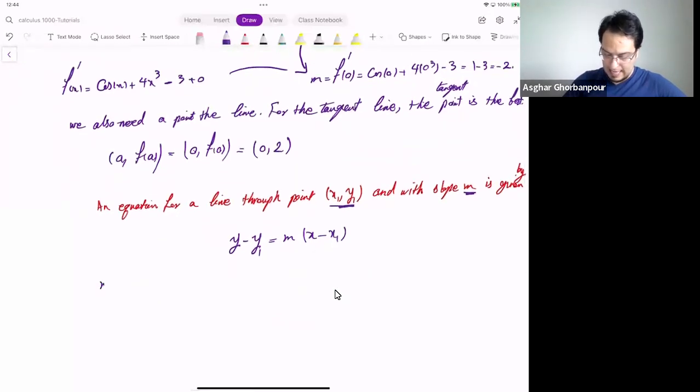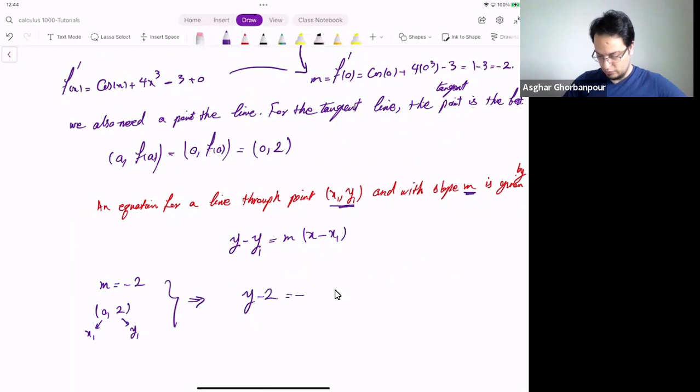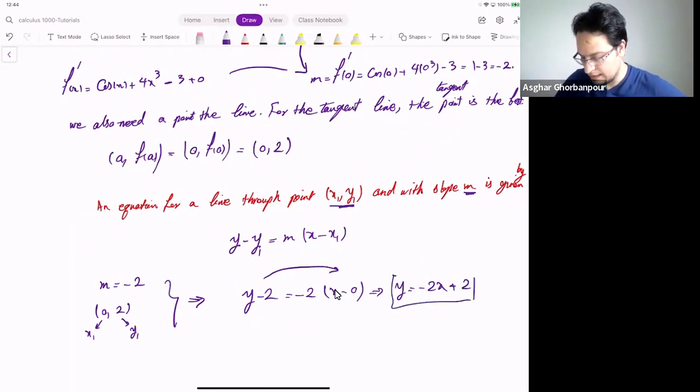In our case, m is -2. The point is this, so this is x1, this is y1. So the equation is y minus 2 equals -2 times x minus 0. And that is y equals -2x plus 2, taking the 2 to the other side. That's an equation for the tangent line to the graph of that function. Any questions, any comments here?